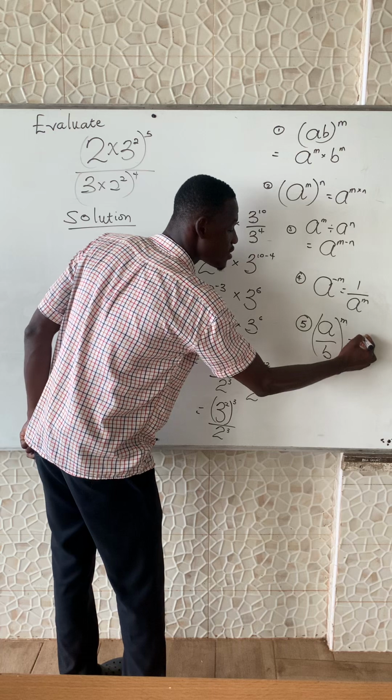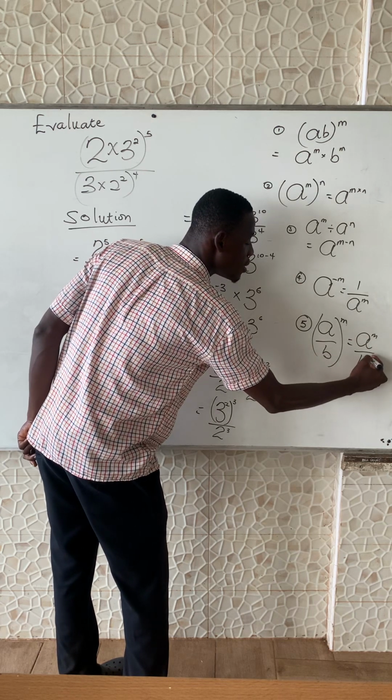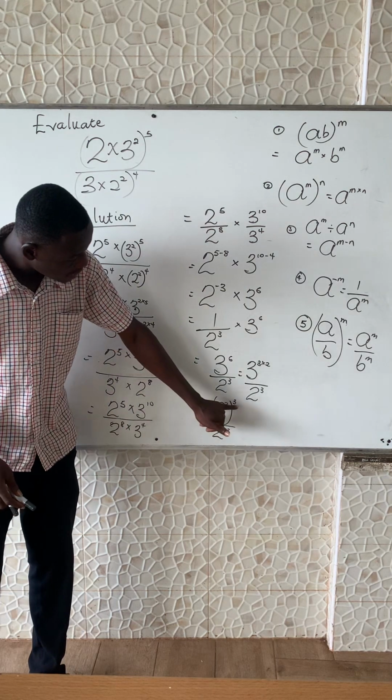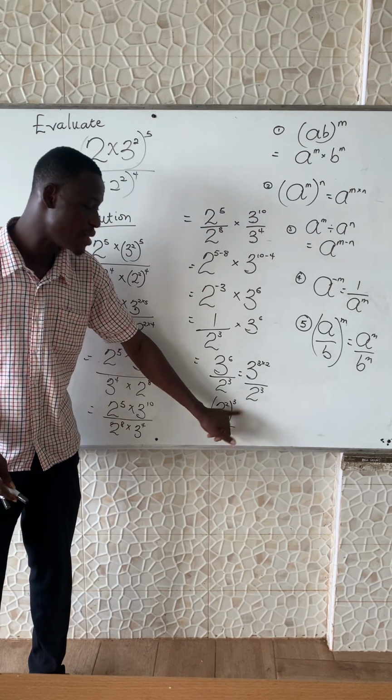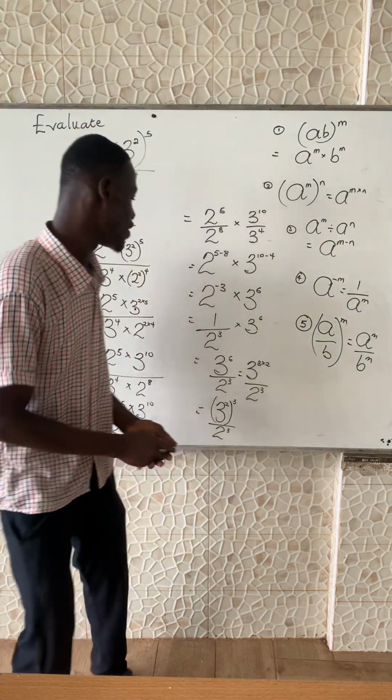This will give us a exponent m divided by b exponent m. So since the indices for the numerator and the denominator are the same, we're going to apply this particular rule to it.